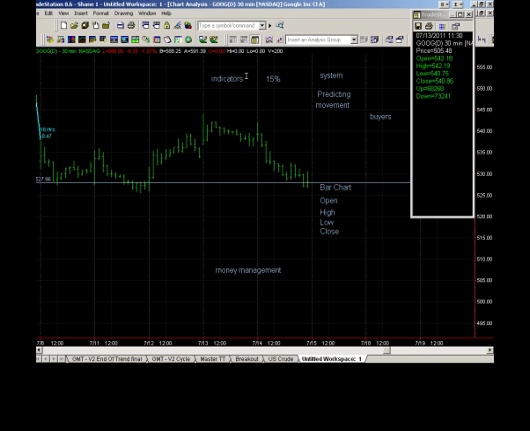So our indicators really are just giving you lagging information on price action. What we want to do is make sure we're not trying to make our system all about being right all the time or predicting the exact move of the market.